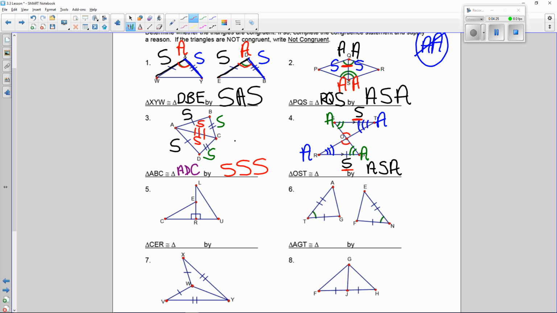Although technically, since we have three angles congruent in this problem, including this red one, we can also say these triangles are congruent by angle, side, angle as well. So triangle OST, match it up, is congruent to triangle OPR.